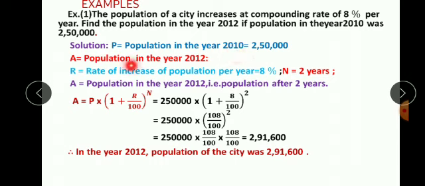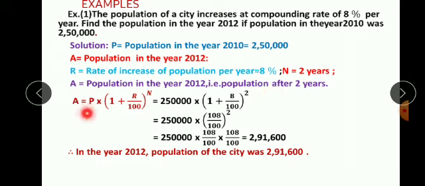A is the population in the year 2012 that we have to calculate, and R is the rate of increase of population per year, given as 8%, and N is 2 years. So A means the population after 2 years, which we have to calculate. So let us take the formula.